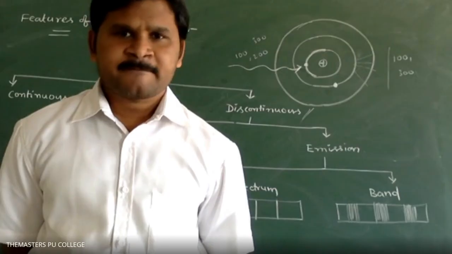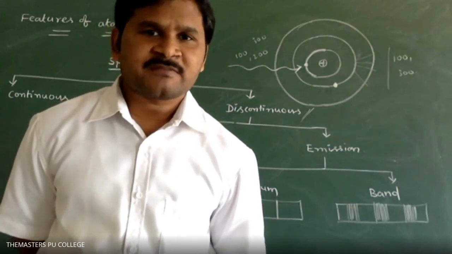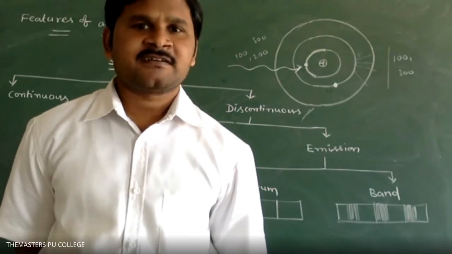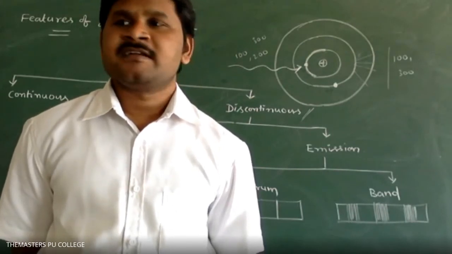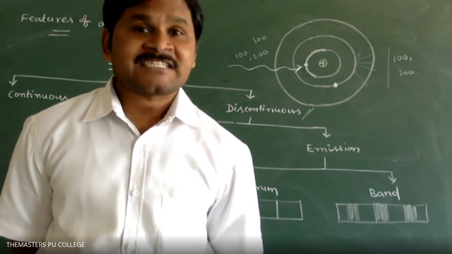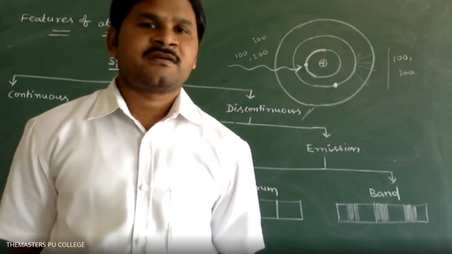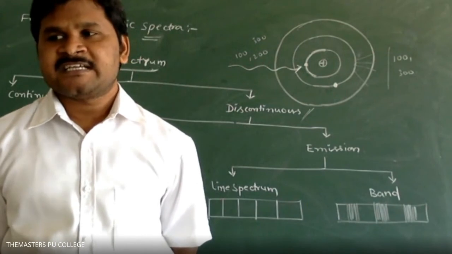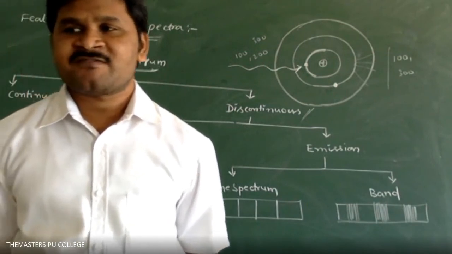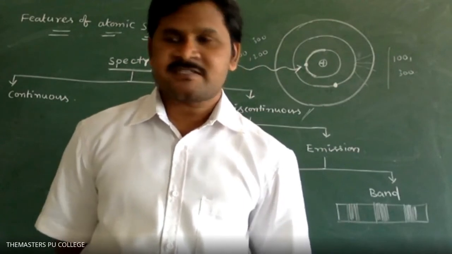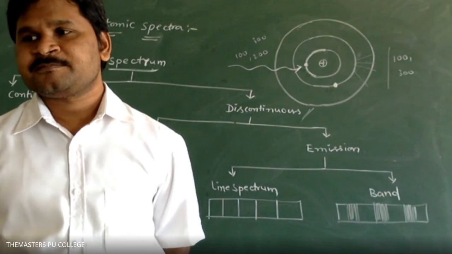Spectrum produced by absorbed radiation is called absorption spectrum. Next point: it corresponds to excitation of electron from lower level to higher level, meaning energy levels.